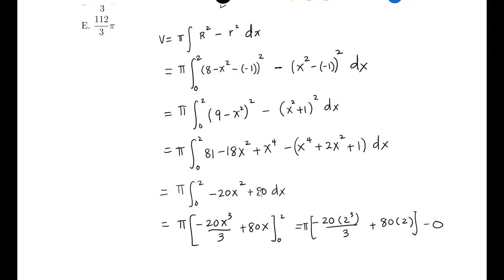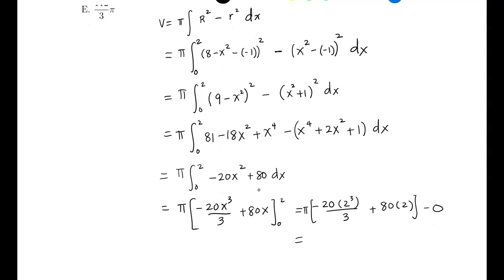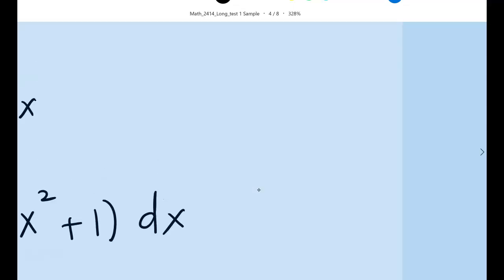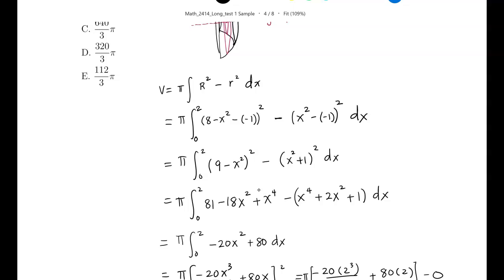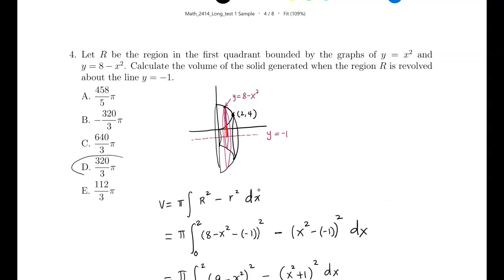If this is 0, this term will just be 0. Then you simplify that. So 2 cubed is 8, times 20 is 160. So that's negative 160 over 3 plus 160. And then combining those two will give you 320 over 3 pi. That's the answer. And what is that? Oh, that is choice D.